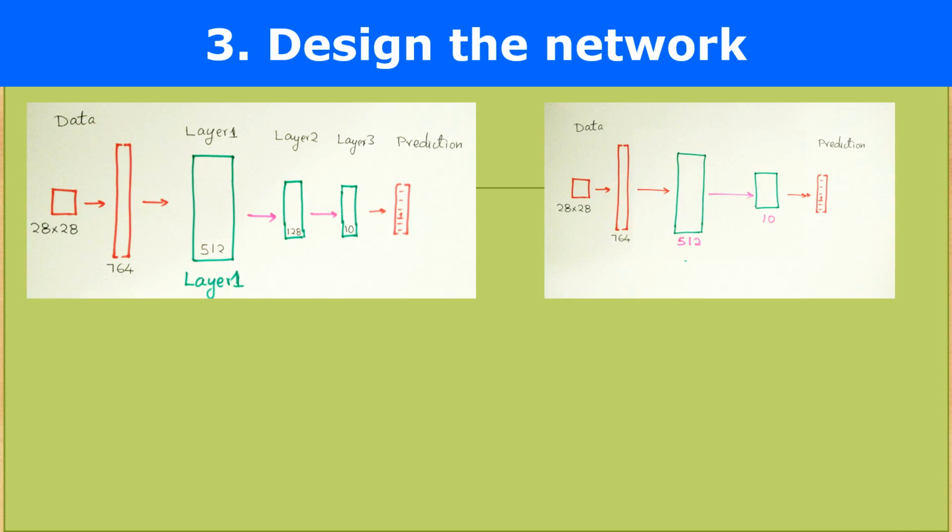Now let's see how to use Keras to design the network and implement it. Let's take, for example, two random designs, a two-layer network and a three-layer network. Layer one here would have, say, 512 nodes, and then layer two, a smaller dense layer of 128.